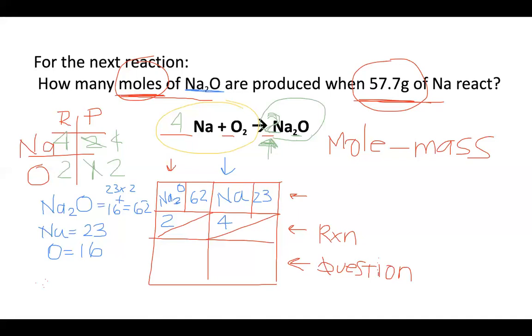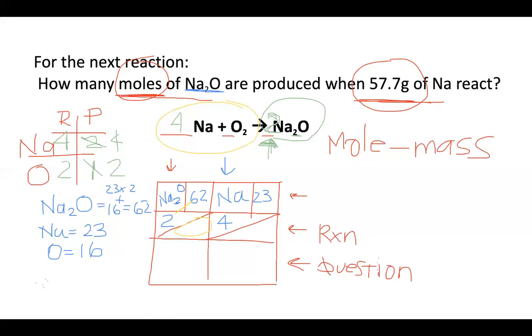In this triangle, the one that I'm pointing out in yellow, we are going to be writing the multiplication of what I have in diagonal, which is the moles times the molar mass. What we are doing is transforming the moles into grams.